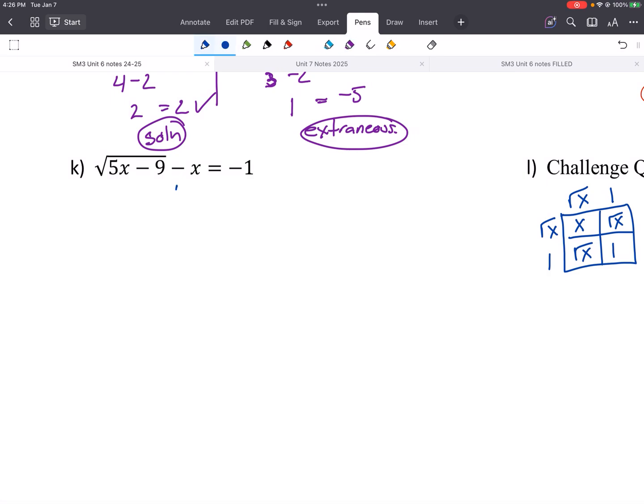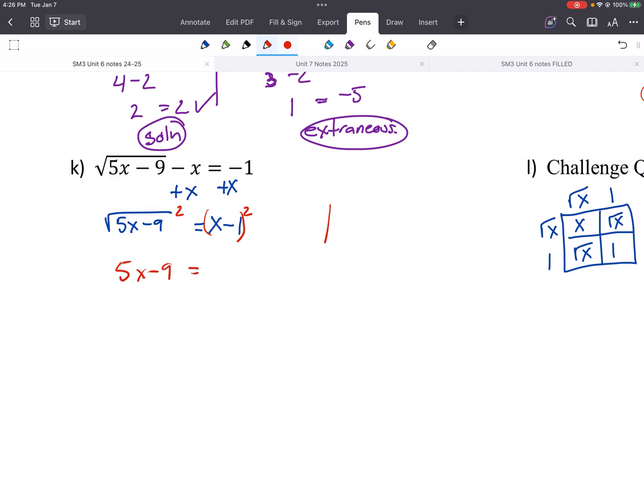Again, we need to have the square root by itself, so we'd want to add x to both sides. So we'll end up getting x minus 1. Get rid of the square root. Don't forget the parenthesis.